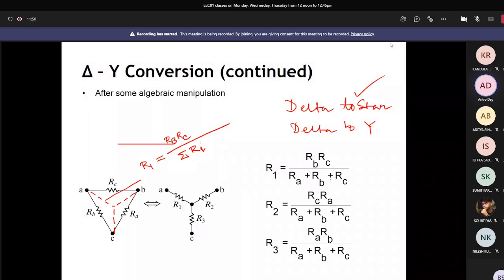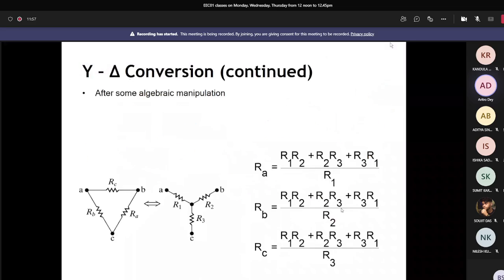So RC square you can take common, then RA, RB will come within bracket, and that way it will be easy to reduce if you just start from this relation, right? So this I leave to you, because anyway you can solve it. If you cannot do it, I'll do it and share with you, right? So this is the star to delta conversion, which you may have to use when you'll be reducing a circuit. Okay, so let us now take some example.